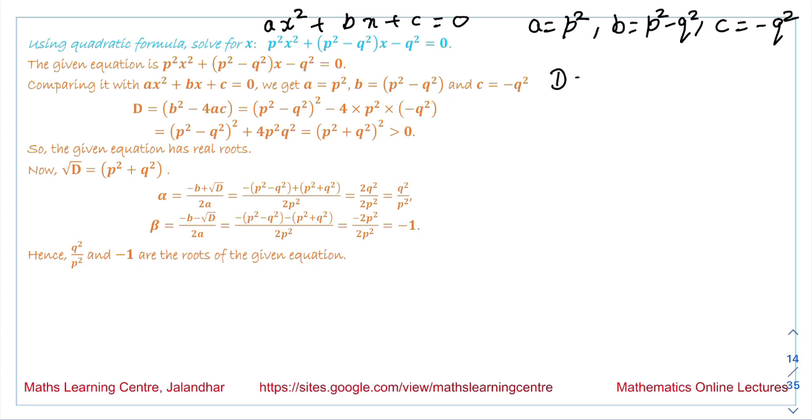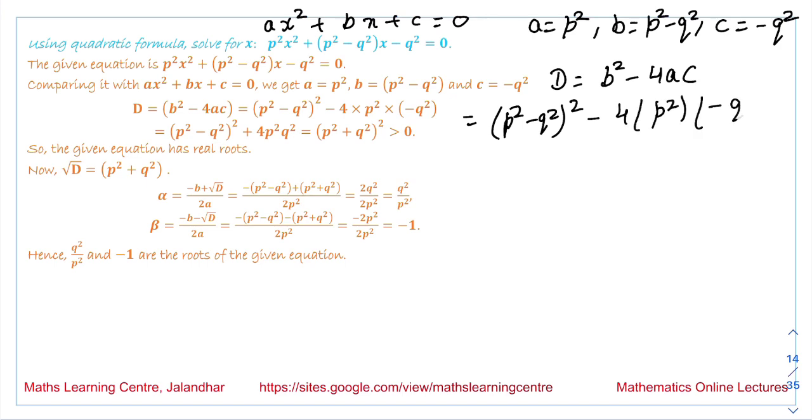So the value of discriminant we have is b square minus 4ac, that is equal to (p square minus q square) whole square minus 4 into p square into minus q square.